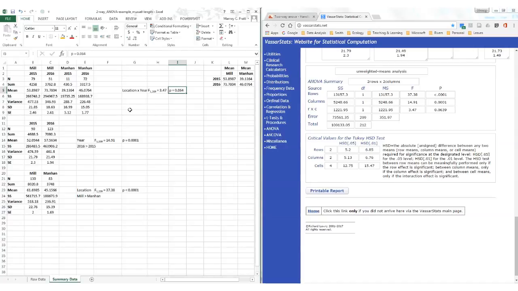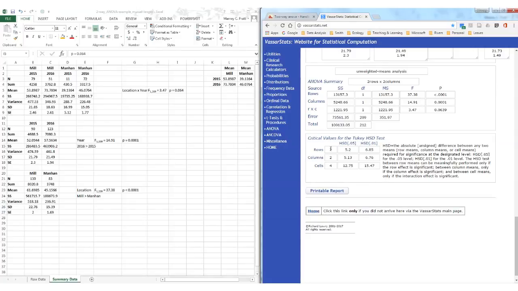To do that, you have to do a post-test, usually some kind of Tukey test. Here, the Vassar Stats gives the Tukey HSD test values. Unfortunately, the way they report the results here is a little bit tricky to interpret.